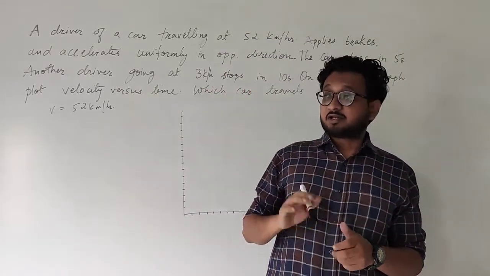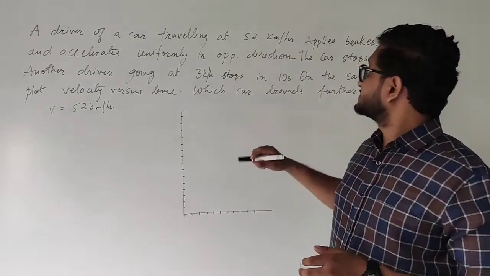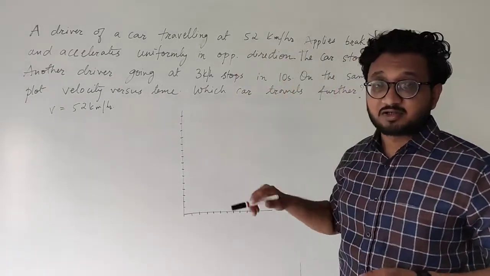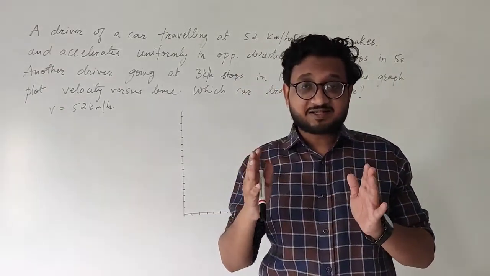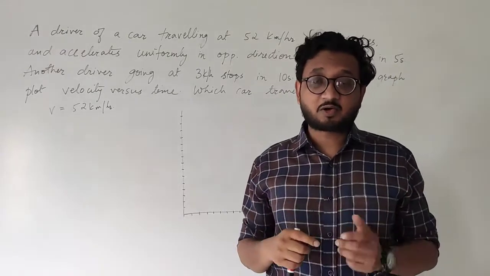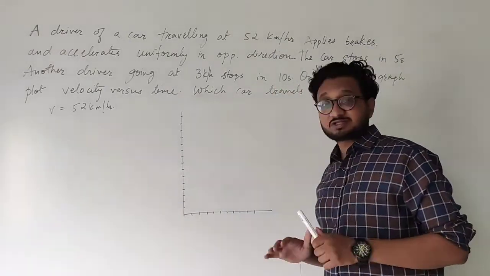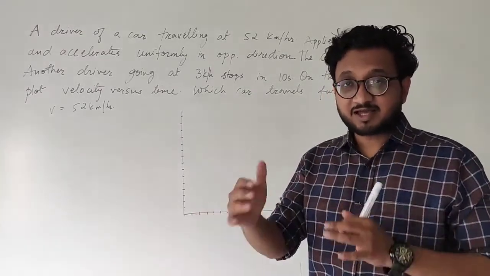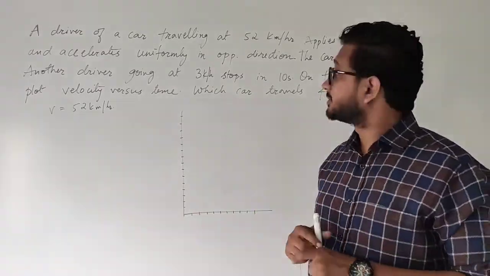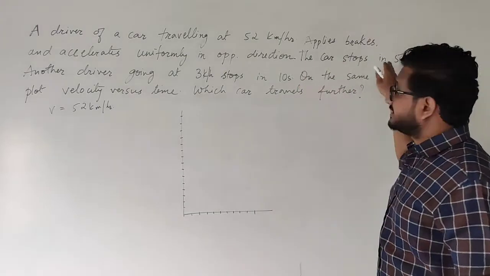That means it is accelerating in the opposite direction, which means its velocity is decreasing, and we are talking about retardation or deceleration or negative acceleration, because the driver is applying the brakes and the vehicle is trying to stop. And the car stops in 5 seconds.